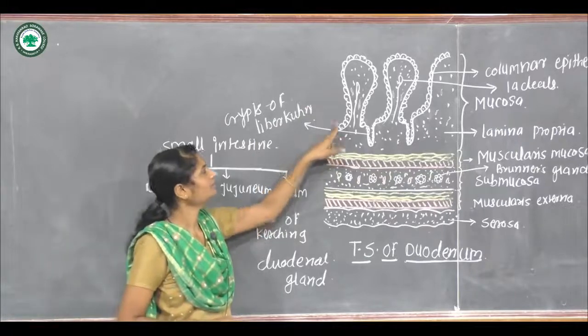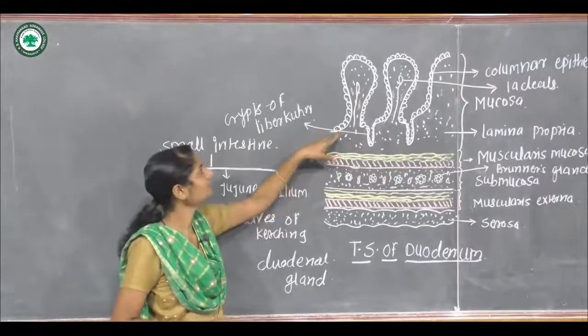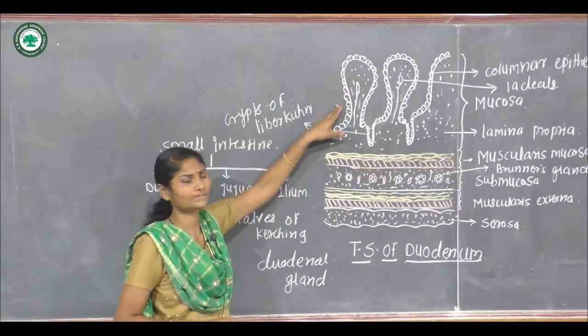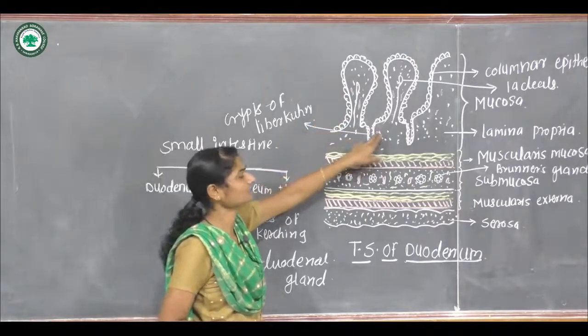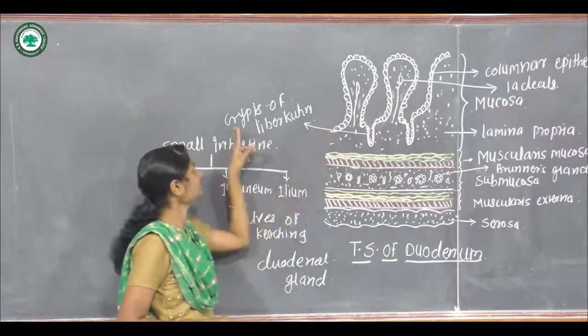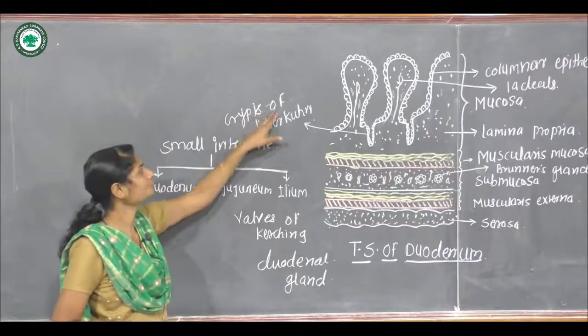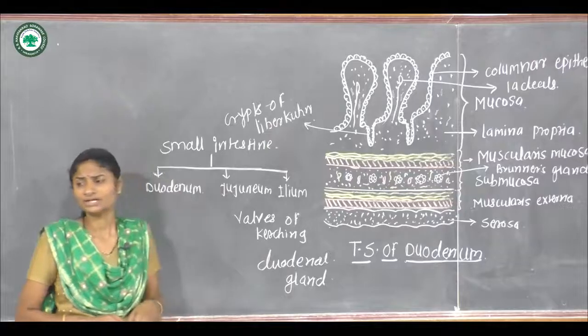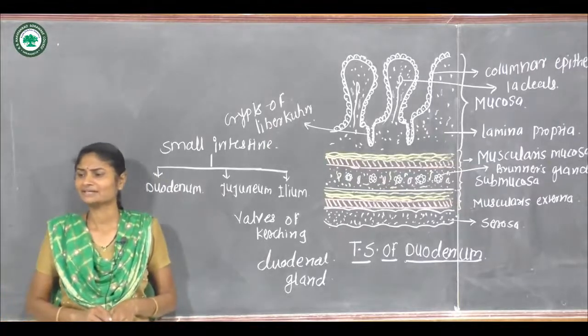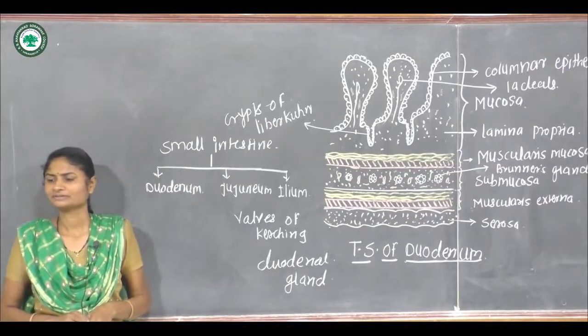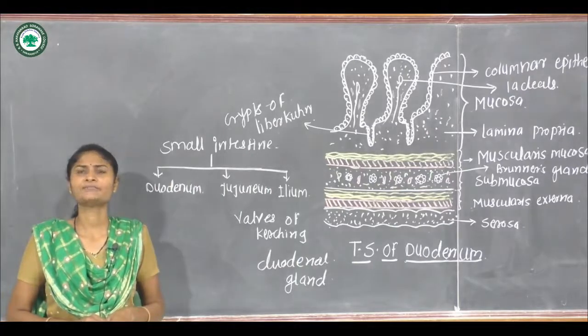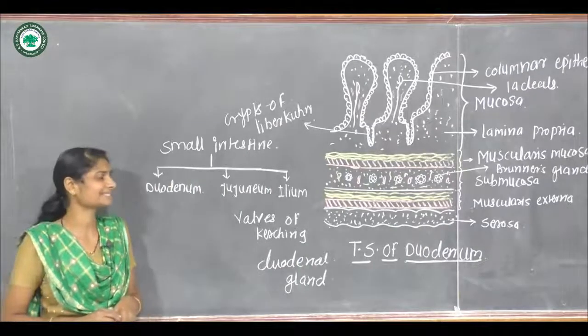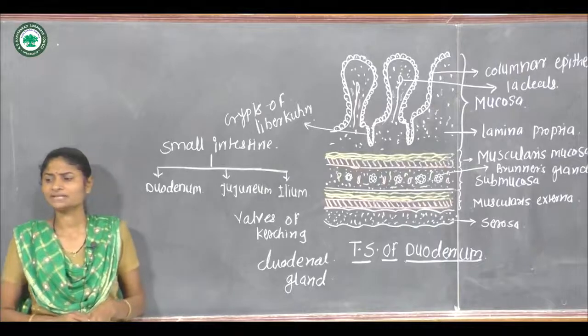These folds form the villi as well as invaginations, and the villi are surrounded by different types of gland cells.